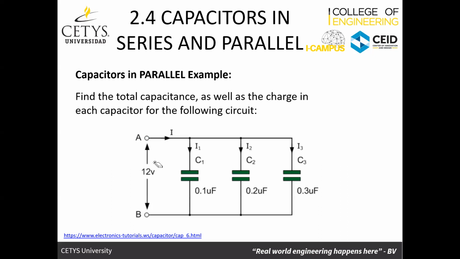So the correct answer to what is the equivalent or total capacitance is: it's the equivalent value of capacitance of a group or array of capacitors that provides the same effect.